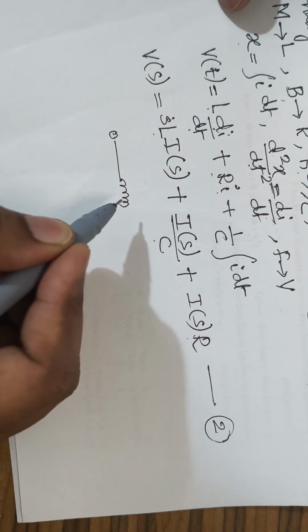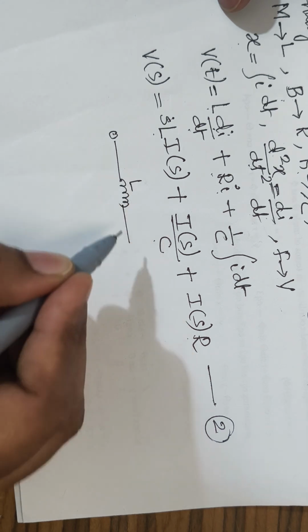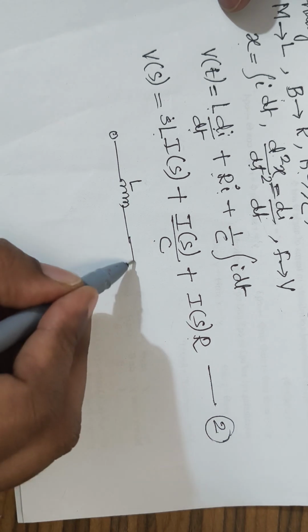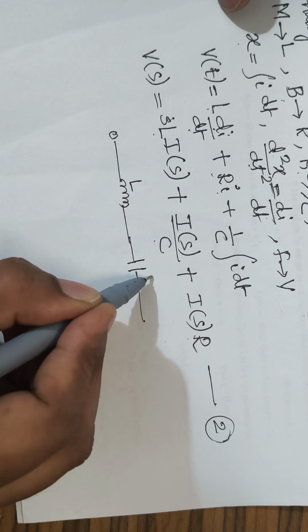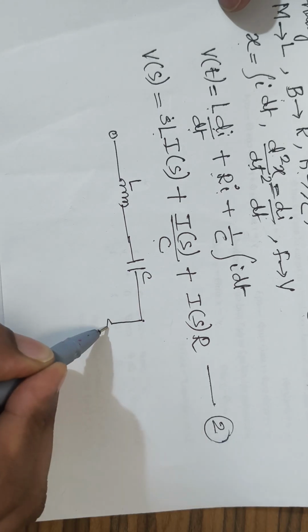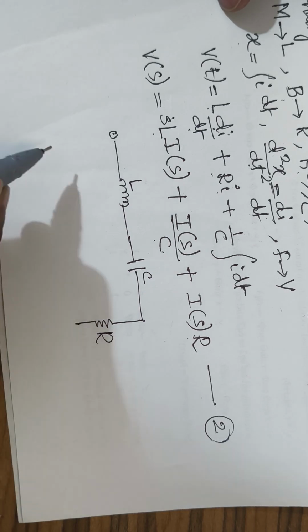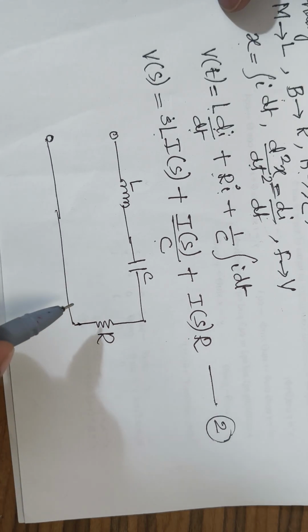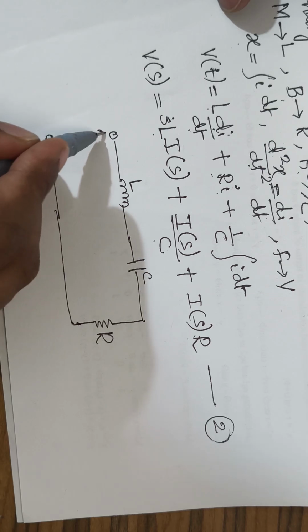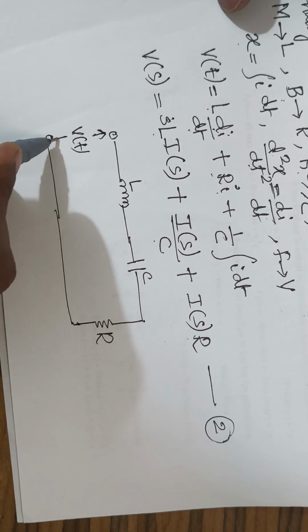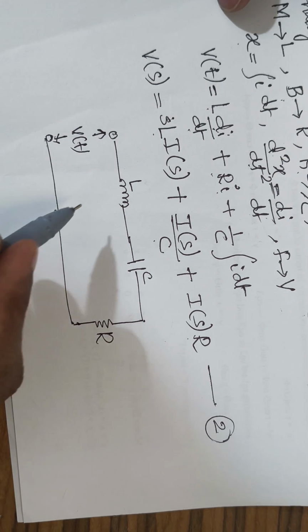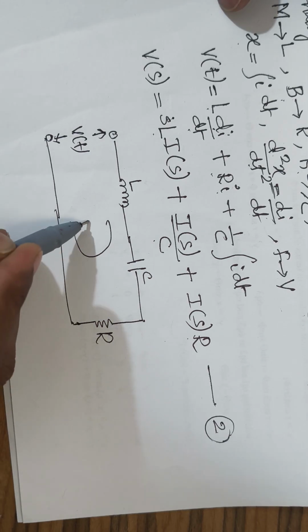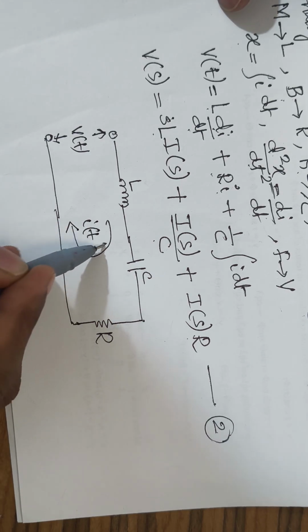First I will draw the inductance L, then the capacitor C, and then the resistance R. These will be connected to form a loop. Here the input is V of t, that is voltage, and you have current here.